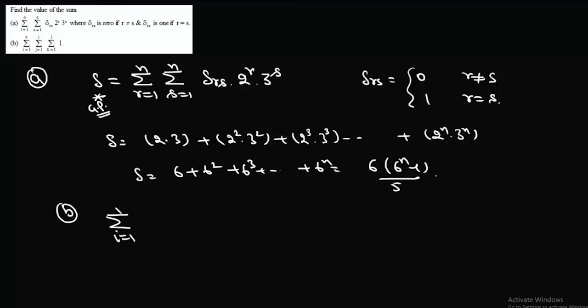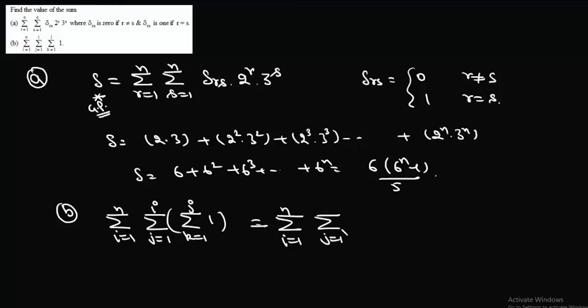I varies from 1 to n, j varies from 1 to i, and k varies from 1 to j, and this is 1. Now first we'll solve this. This is 1 plus 1 plus 1 j times, so it will be summation i varies from 1 to n, and summation j varies from 1 to i, and this is j.